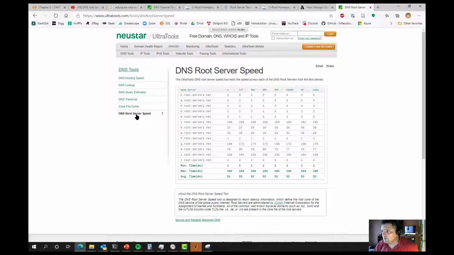They'll even give you a kind of an average of the DNS root server speed here. And so different servers, different routes, different paths, and they all kind of have different profiles. So it's kind of neat to be able to see some of this stuff and how it works out.